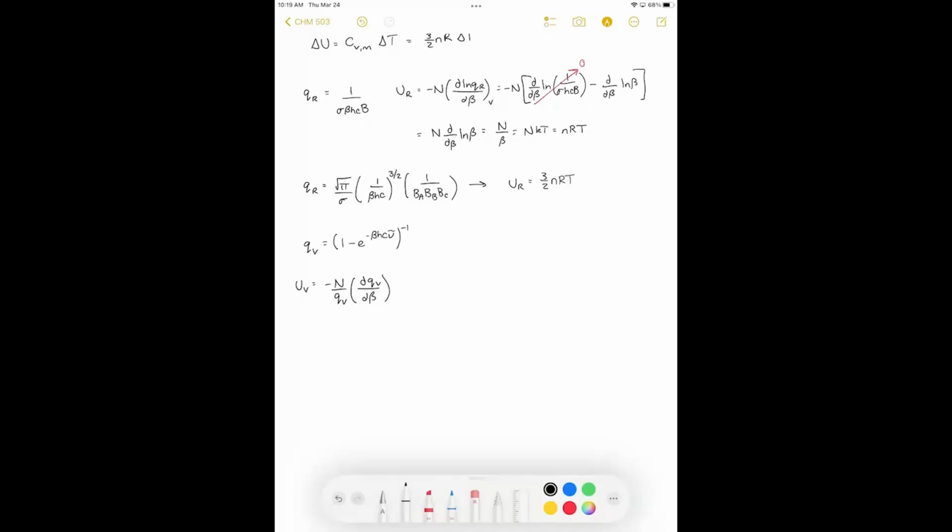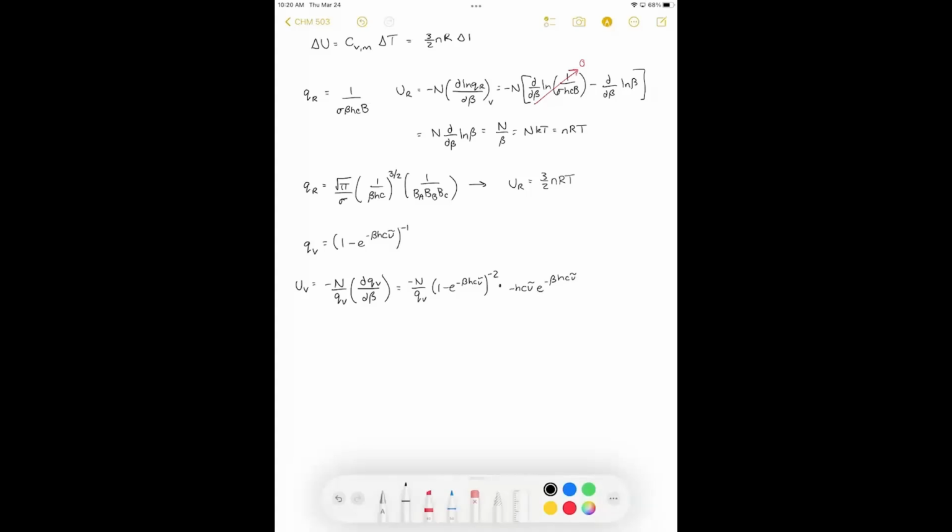So again, this is just a derivative. It's a little bit more cumbersome than the last ones, but it's not anything that you can't do. So we can go ahead and evaluate this. We'll get -n over Q sub V, and the derivative of Q sub V here with respect to beta, we can simply evaluate using the chain rule. So we'll get 1 minus e to the minus beta HC nu to the -2, and then multiply that by the derivative of the inside, which is minus HC nu times e to the minus beta HC nu.